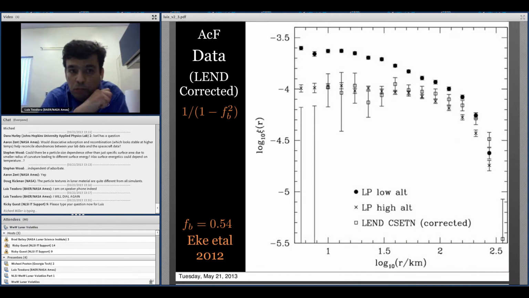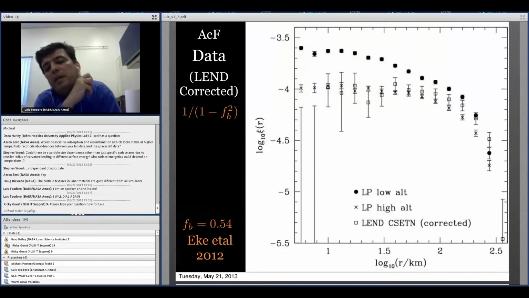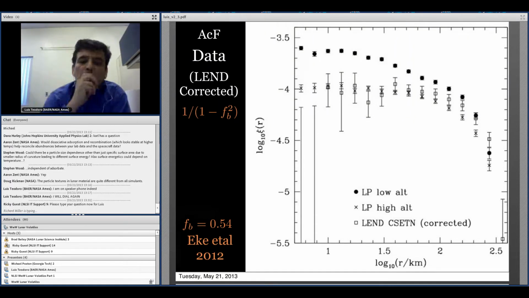So what can we do with the LAND data? Can we actually correct it? And the truth is, out of the Eke et al. work in 2012, we found that the fraction of the signal that is background is 0.54. So that means that we can rescale the two-point correlation function and find what happens. And the result is exactly that.